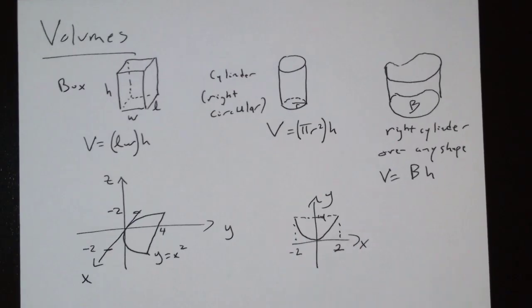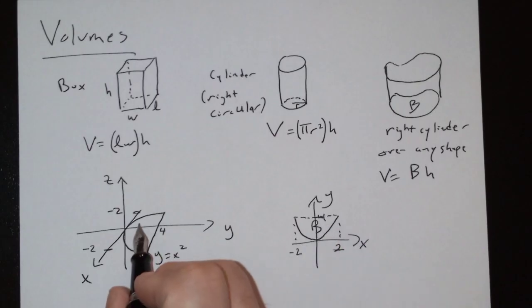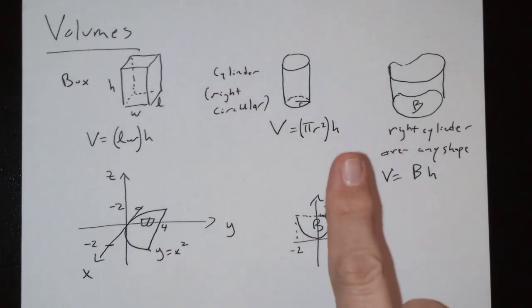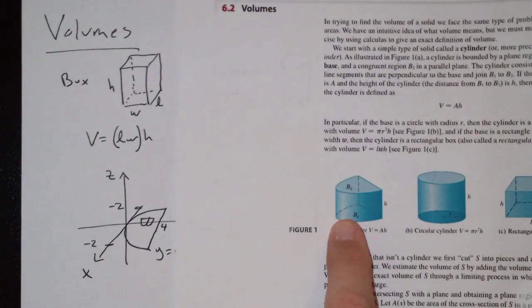I'm going to call this my base area. Just to be sneaky about it, I'm going to write that letter B in this picture, in the same orientation. So you see how I slide it out and turn it so it's standing up? I can think of a cylinder over this shape. Page 438, there.